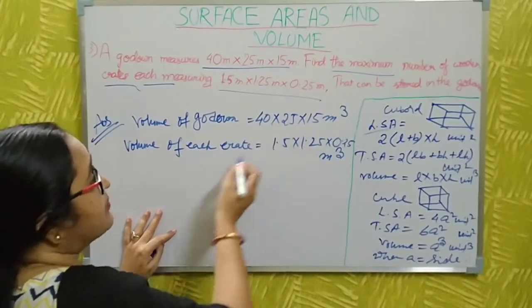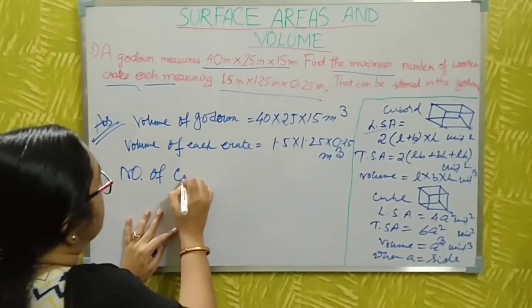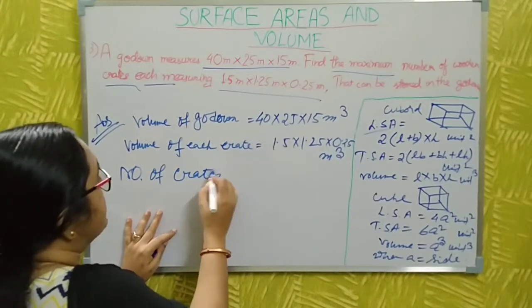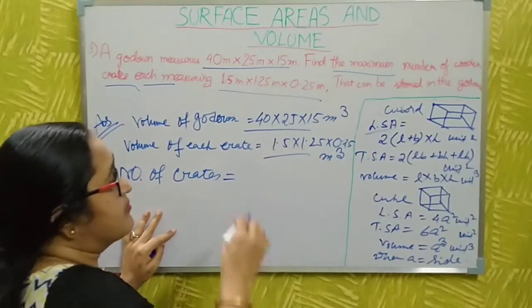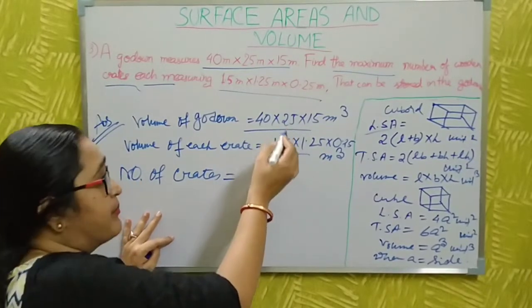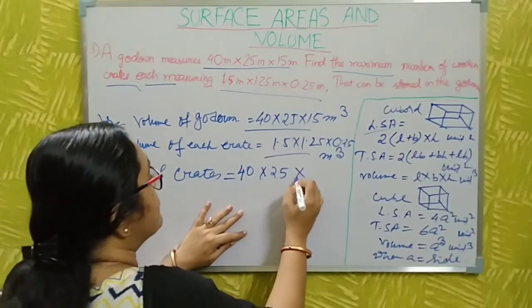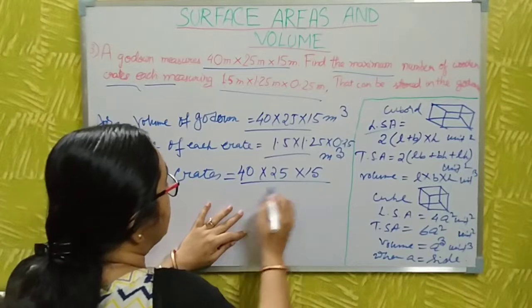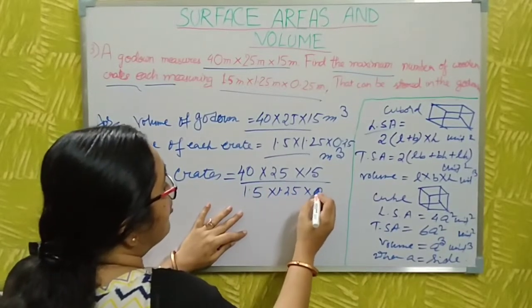Now the number of crates, you just do the division. First you write this by this: 40 into 25 into 15 by 1.5 into 1.25 into 0.25.